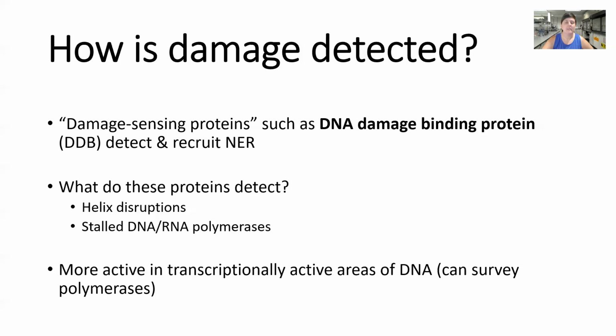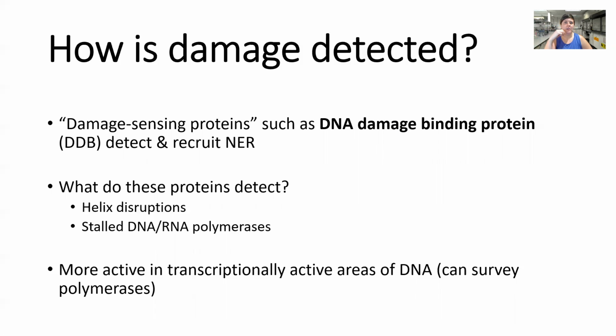what would happen is if there's a thymine dimer and you have RNA polymerase going along your DNA, it's not going to know what to do with a thymine dimer, right? It's going to get to that thymine dimer and just stop. And so what a lot of these damage sensing proteins can do is they follow along with RNA polymerase.